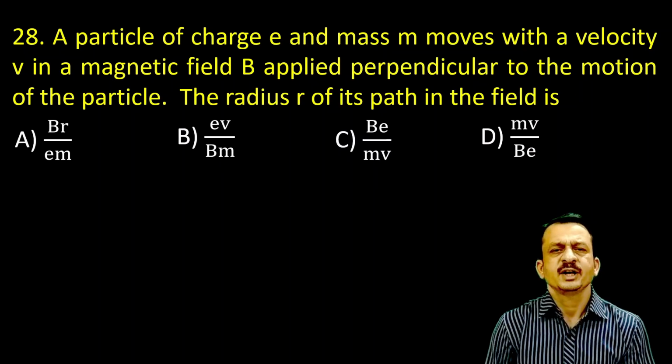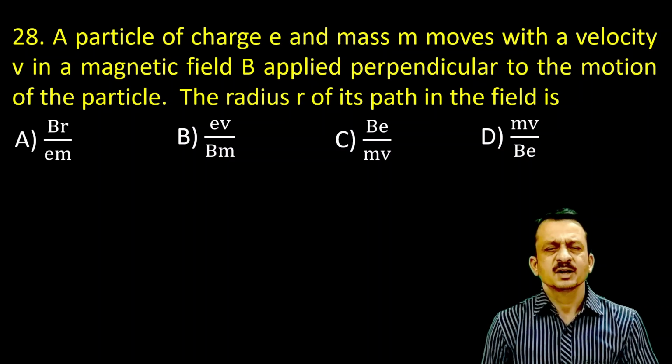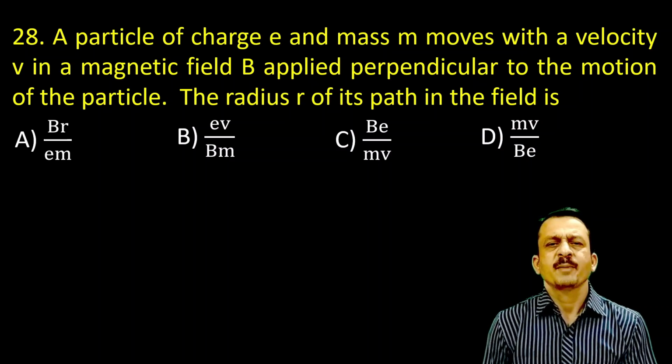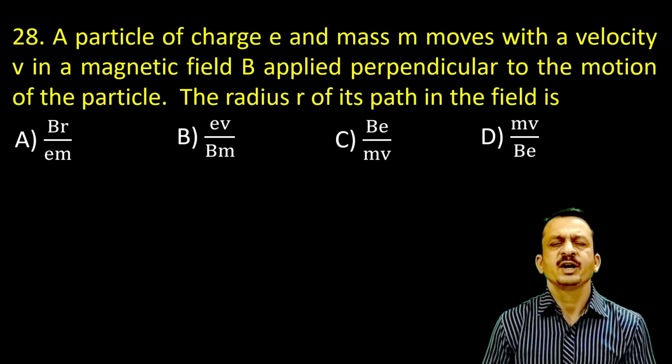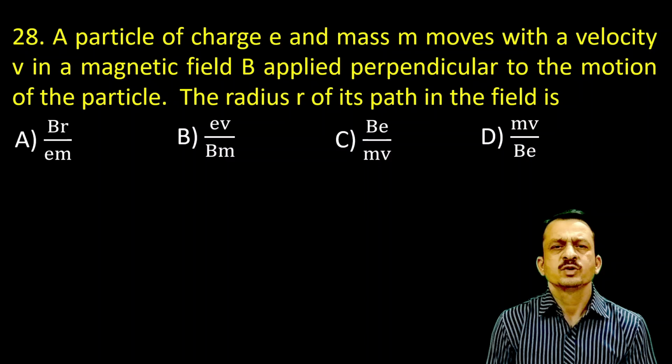Now the options: A, B into r divided by E into m; B, EV divided by B into m; C, BE divided by m into V; and D, m into V divided by B into E. Now whenever a charged particle moves in the presence of a magnetic field perpendicular to it with a certain velocity, it describes a circular path, and the radius of the path is given by mv divided by q into B, where q is the charge.